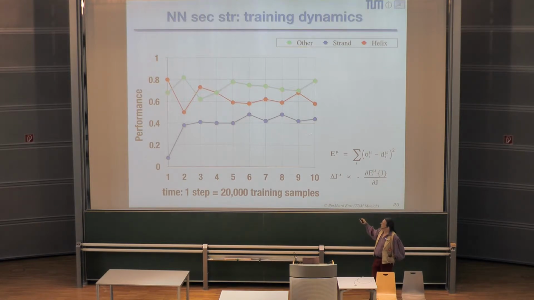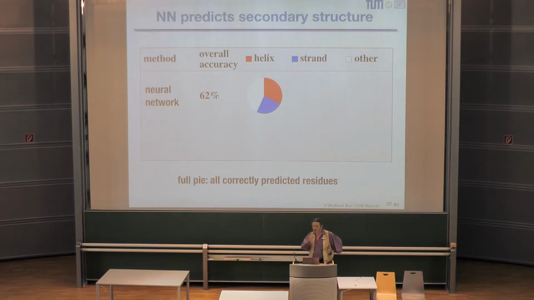What is happening is that the system gets much better at learning strand. That's not quite what you want. You would clearly like to have a similar accuracy in all 3 states.